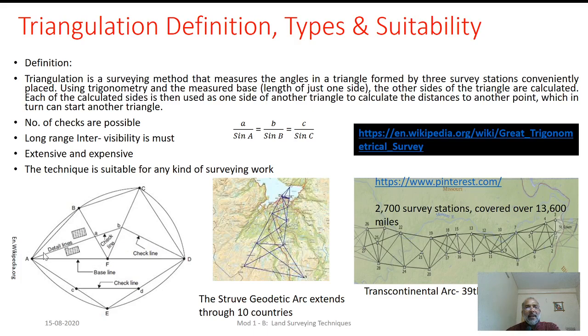Say for example, a upon sine A, here this is side a, equals b, which is nothing but the baseline here, upon sine B, which should be equal to f upon sine F.